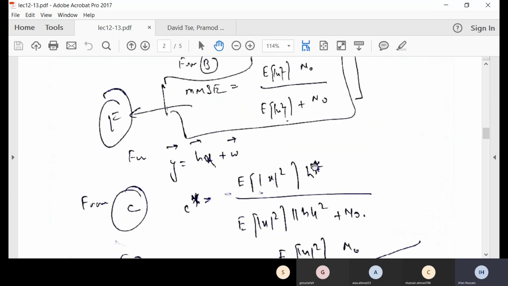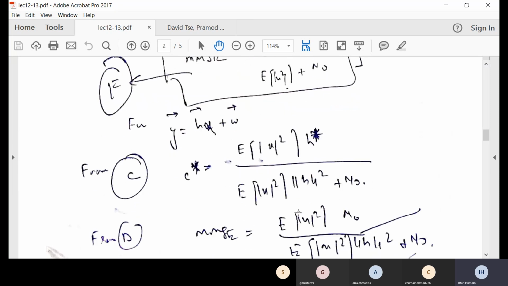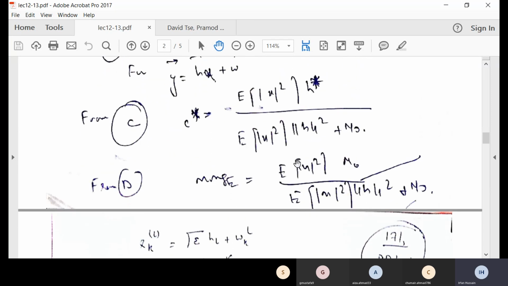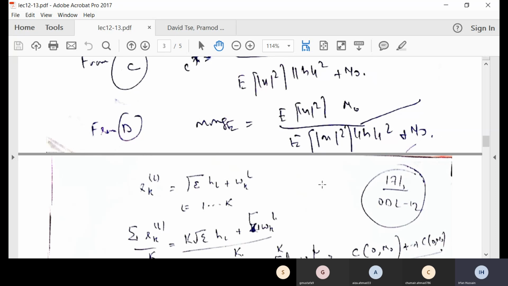This becomes H Hermitian, and this becomes like this. Similarly, the MMSE will be this, with H mod square. Everything is the same, thus X becomes X mod square. So actually we have derived the estimation for all linear estimation. We have derived the mean square error as well as the linear multiplier, both for scalar and vector estimation.